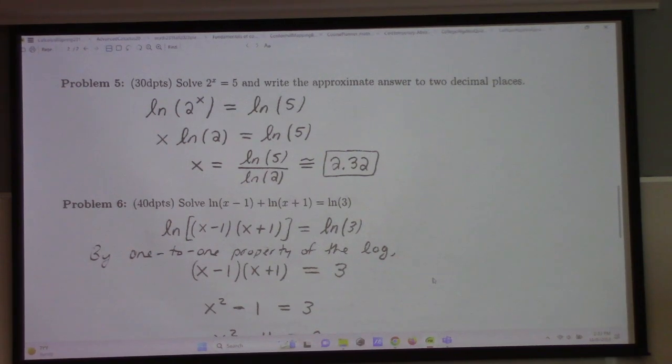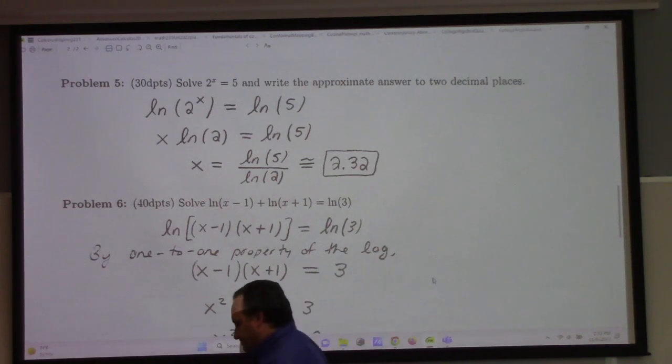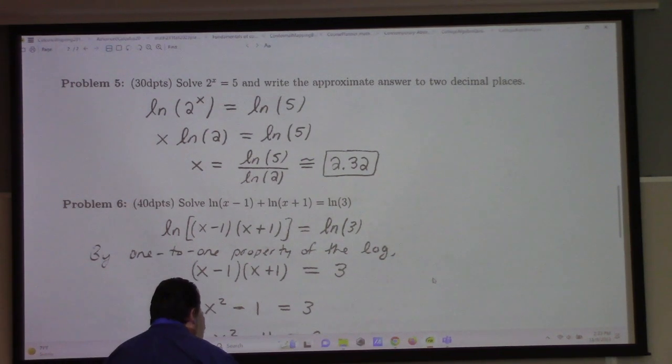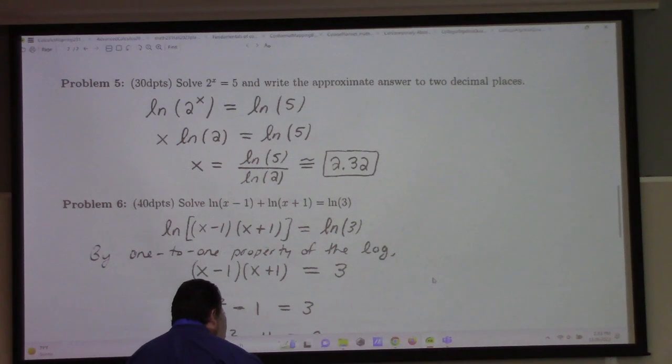The other obvious way to solve this one would be to take log base 2 of both sides. Let me show you what it looks like. So we've got 2 to the x equals 5.